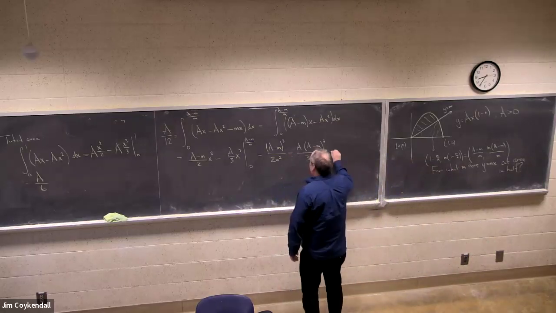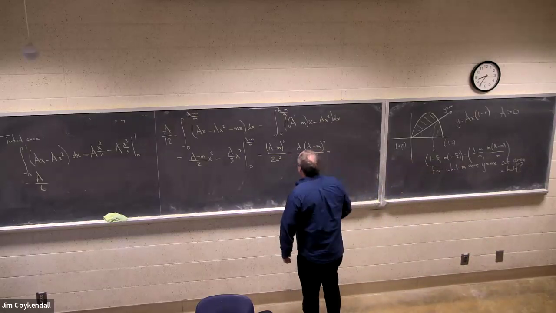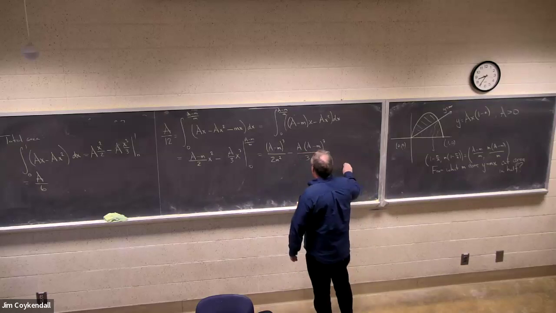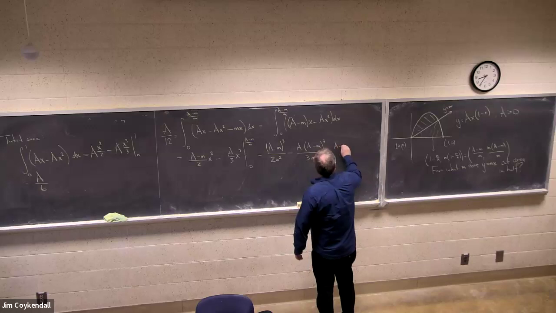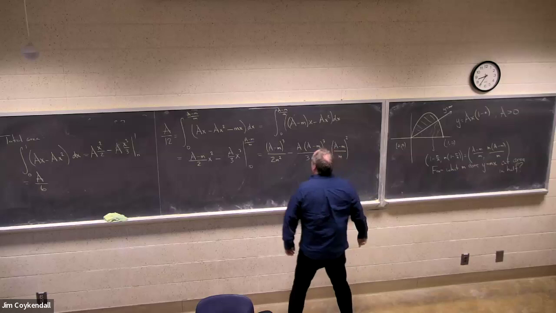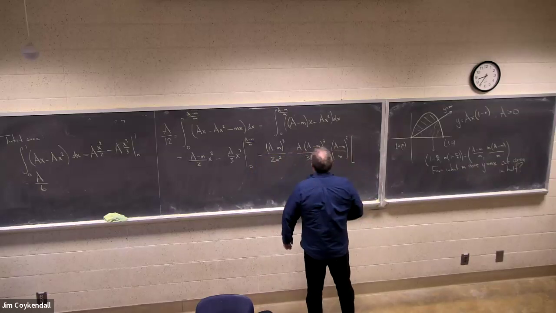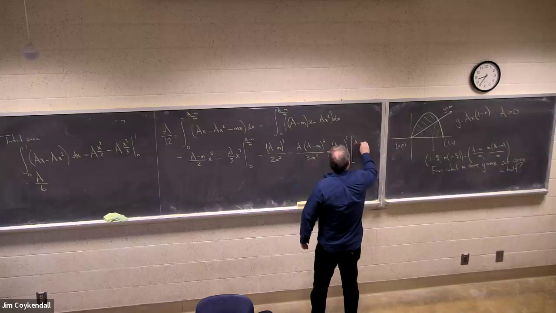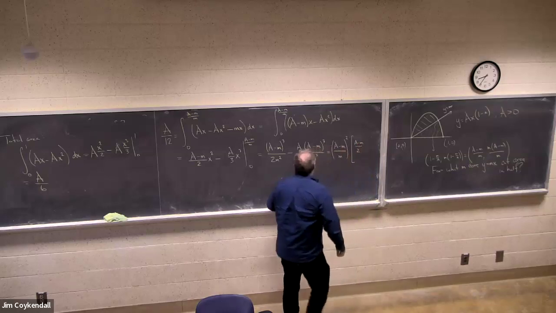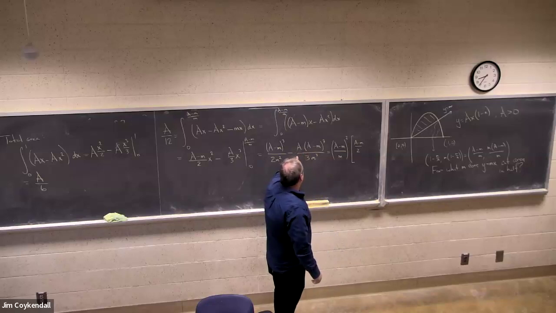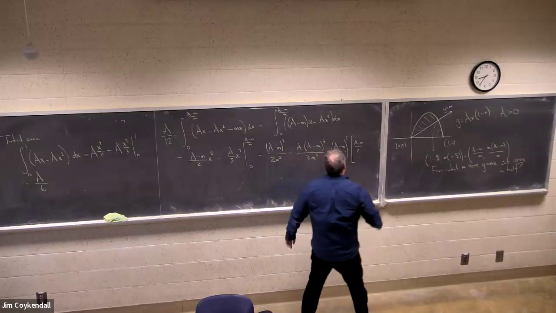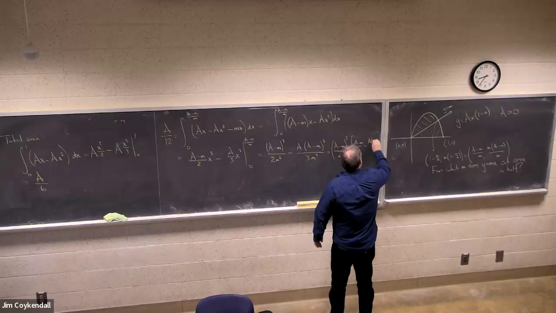So this is, well, let's see what this is going to be: a minus m cubed over a squared. So pull that out, and that leaves me with a minus m over two, and this leaves me with a times a minus m over three.